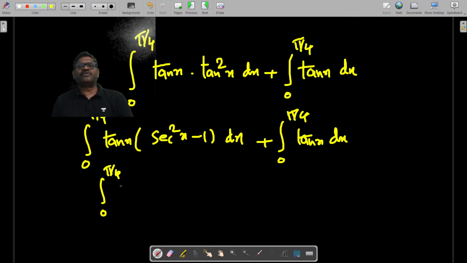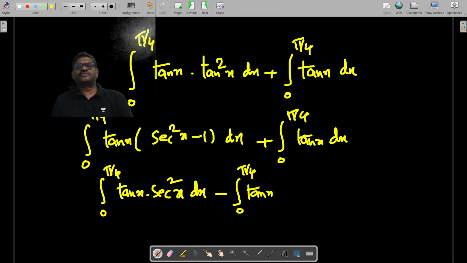Integral 0 to pi by 4 of tan x into secant square x dx, minus the integral from 0 to pi by 4 of tan x dx, plus the integral from 0 to pi by 4 of tan x dx.